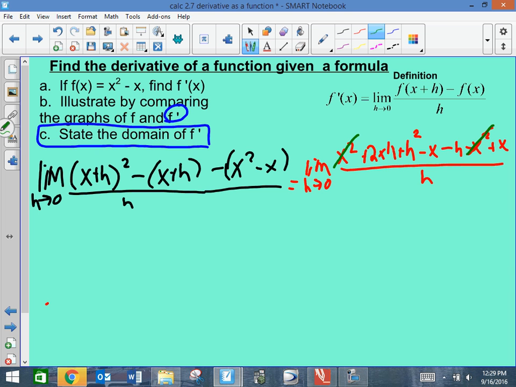Minus h. Made an arrow too. Thank you, Randy. From the beginning. That's right. Okay, I got it now.